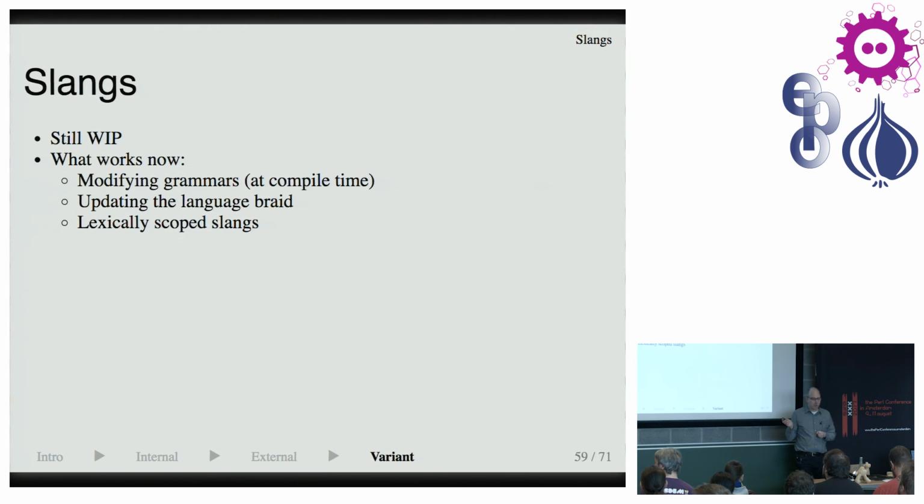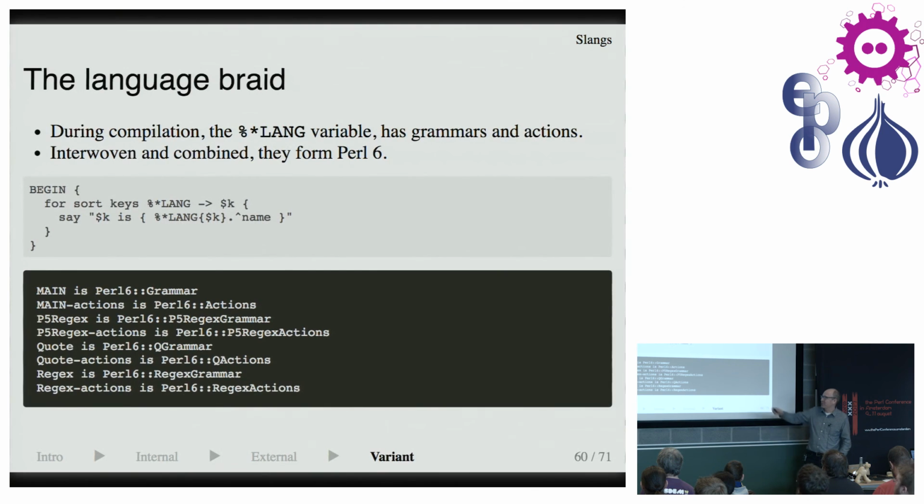So this is what you could do right now with slangs. So at the beginning, in a BEGIN block during compile time, if you print out the keys of %*LANG, you'll see Perl 6 grammar, Perl 6 actions, and all of the things that are being used to parse your current program.